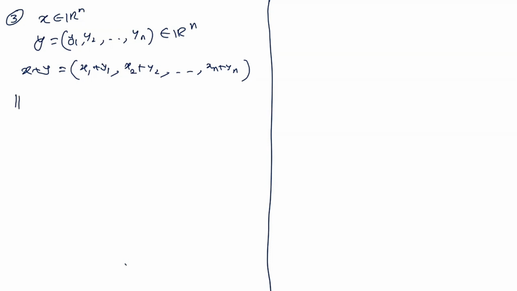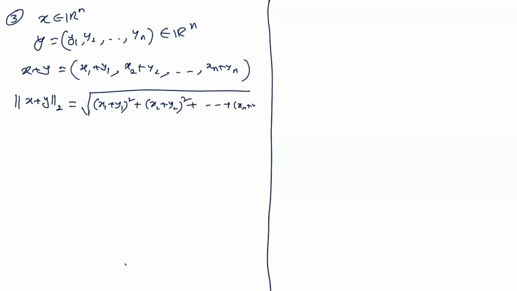Therefore the norm of x plus y is equal to the square root of x1 plus y1 whole square plus x2 plus y2 whole square plus xn plus yn whole square. This is the definition of the norm of x plus y.